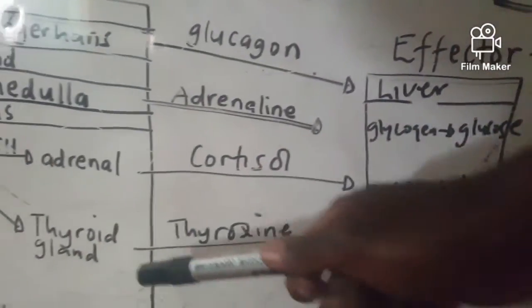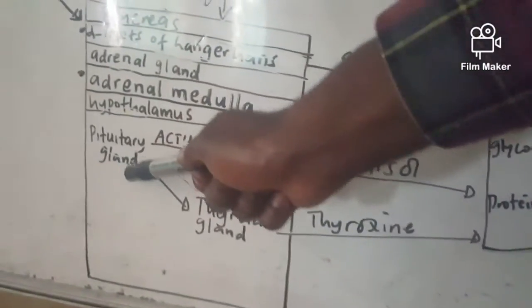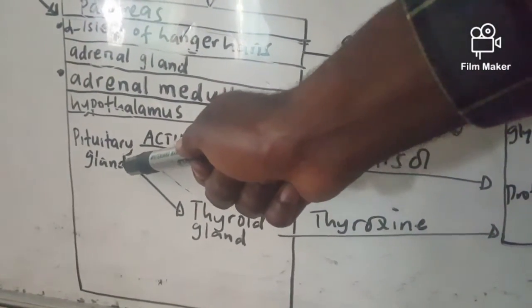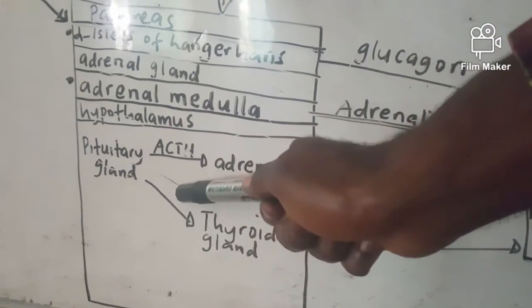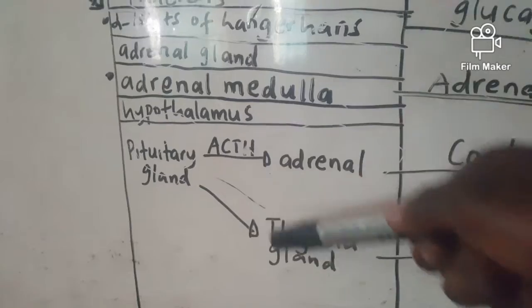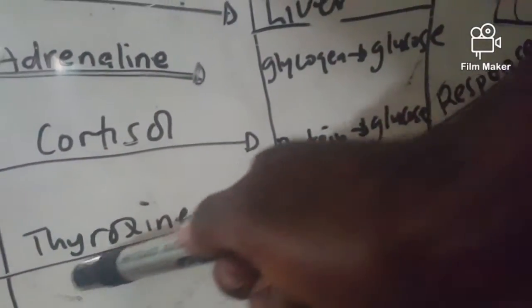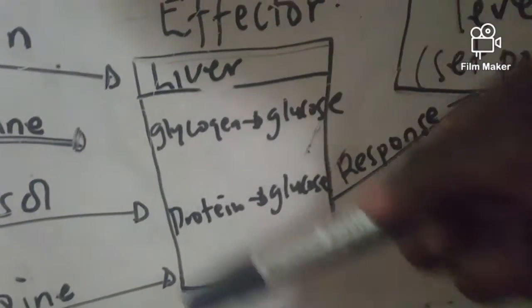As well, the pituitary gland can also release TSH, the thyroid stimulating hormone, which stimulates the thyroid gland to release the hormone thyroxine into the effectors.